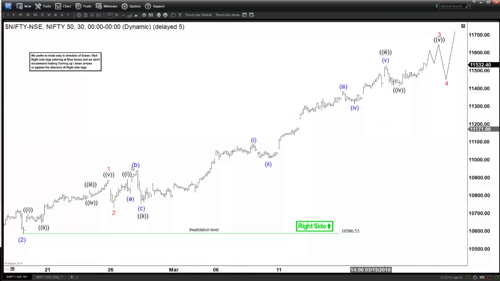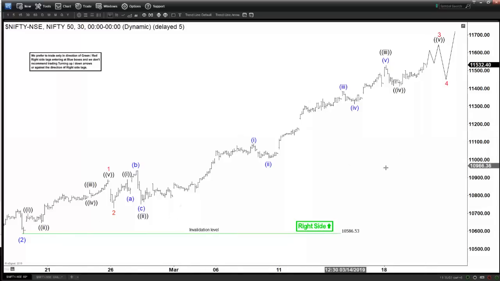But the overall idea is an impulse. Now we are looking for the upside here in the shorter cycle in any dips as far as it stays above 10,586, which is the low on February 19.